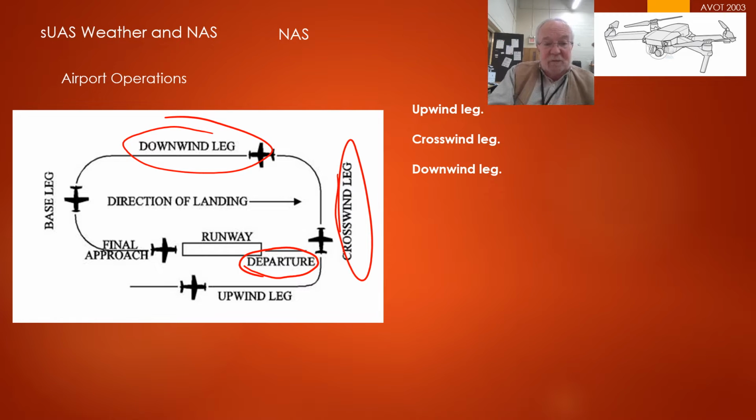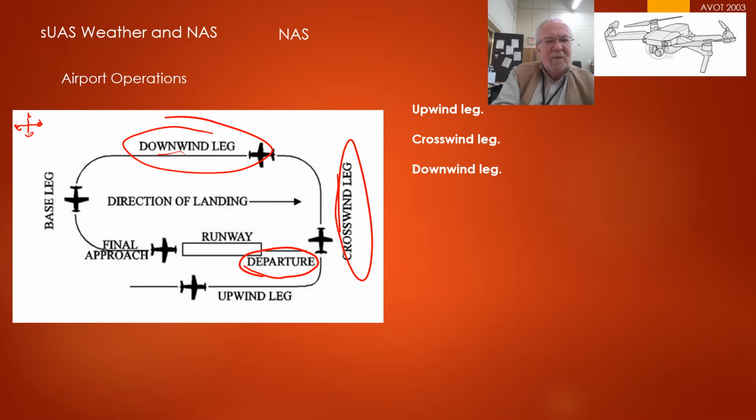So we'll have questions on the written test which will say something like, if you are northwest of the airport and the airplane calls on left downwind for runway 9, will that be a conflict? A question like that. Well, if we're northwest of the airport, we're up here somewhere in our little drone.